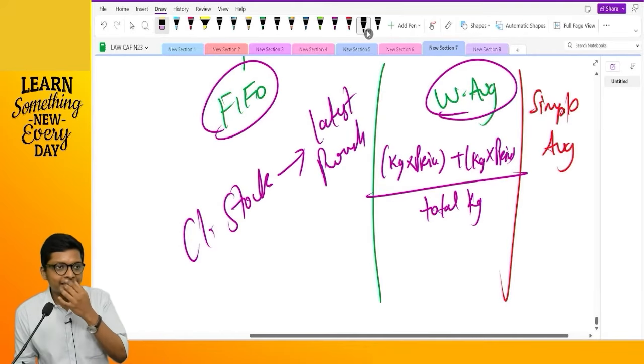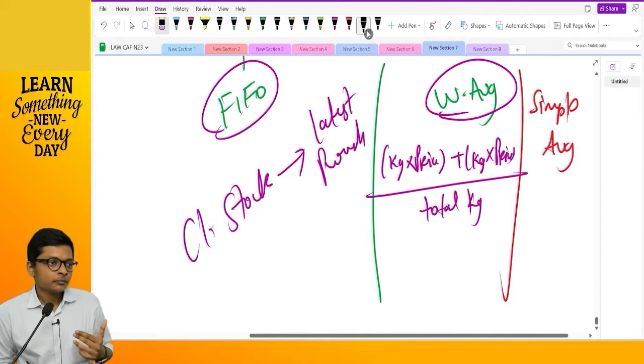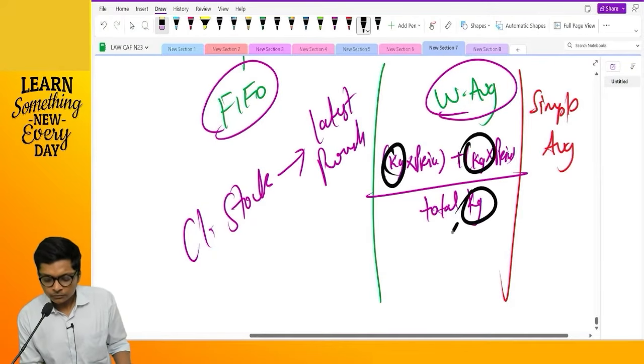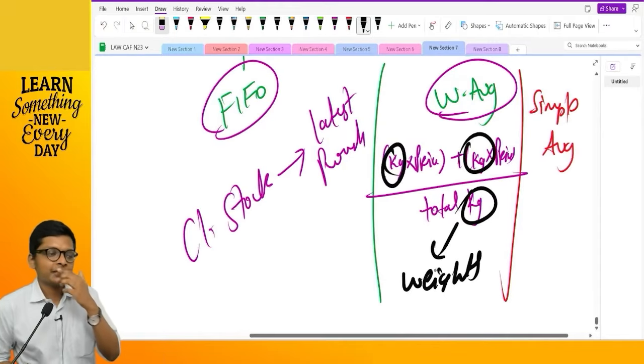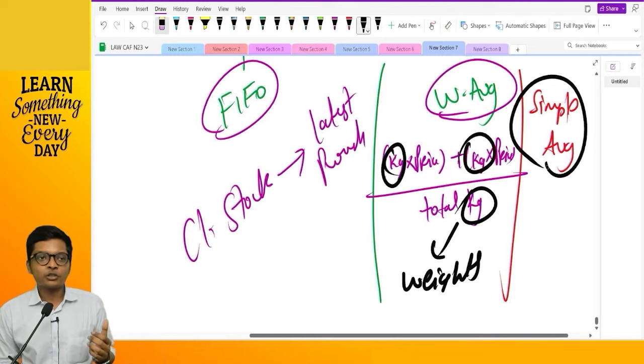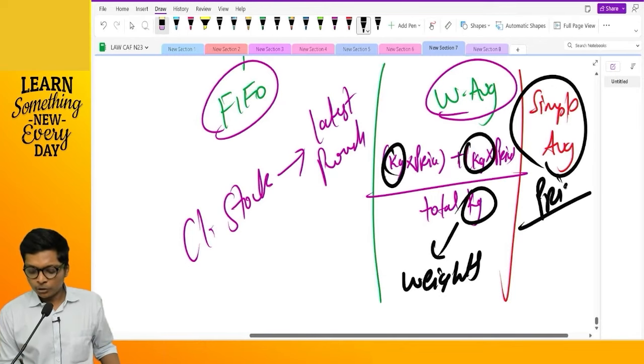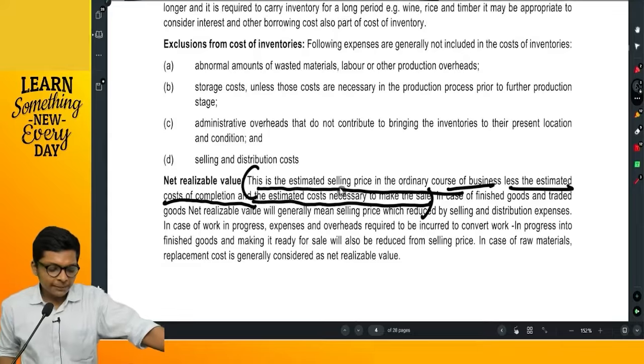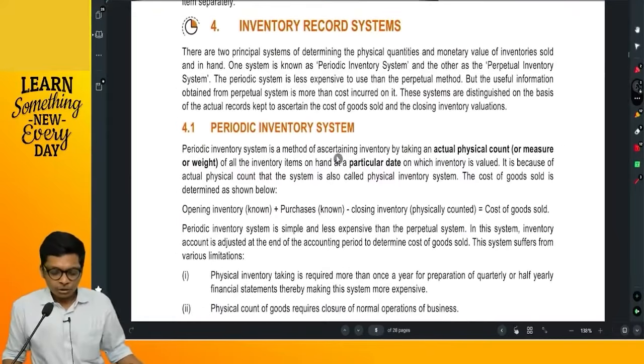Basically it's not kg, it can be liters, it is quantity. This only is my weight into price. Are you following, guys? Simple average is the total of the prices divided by the count. Now let's immediately go to sums to apply this.